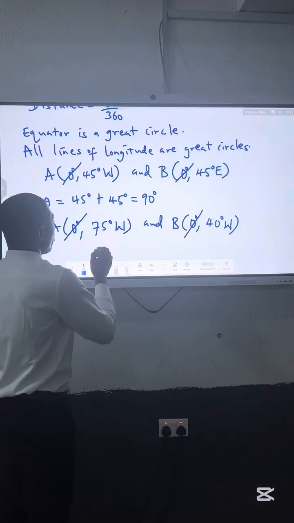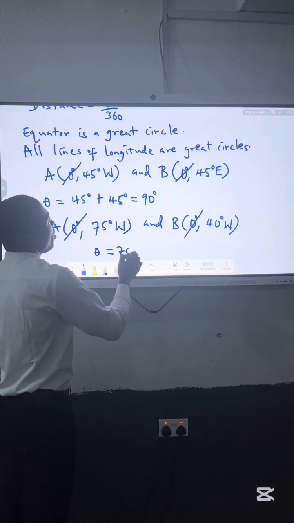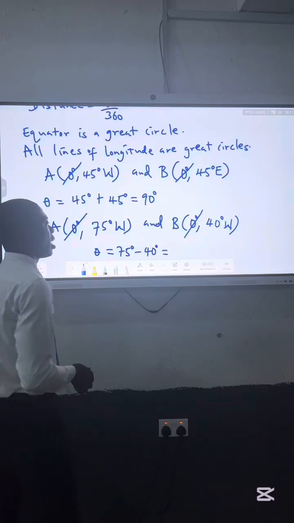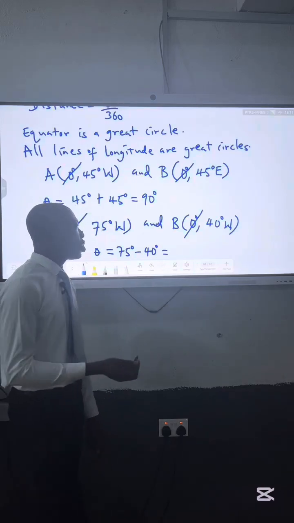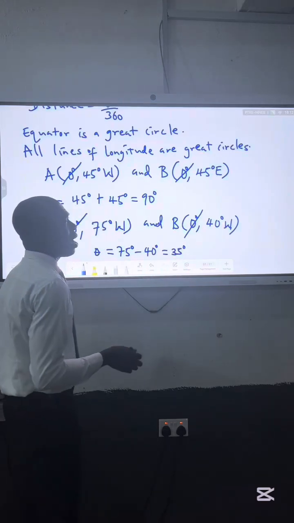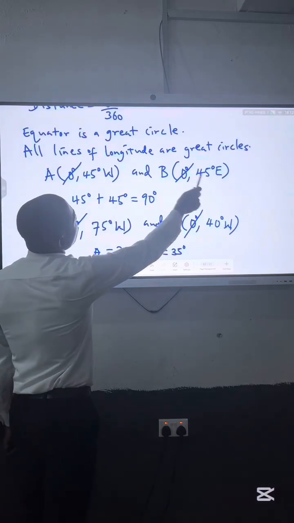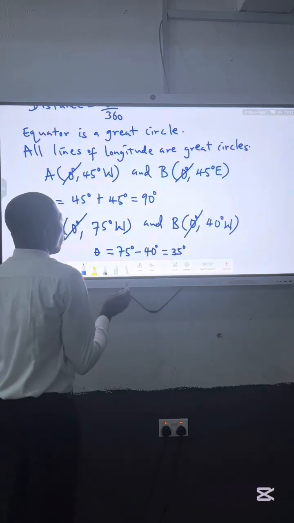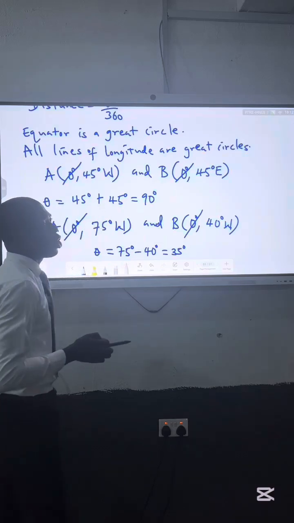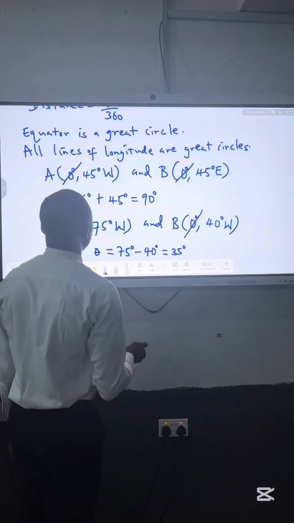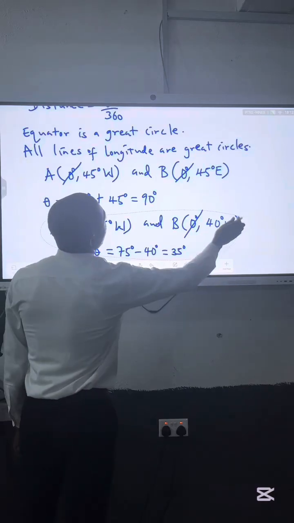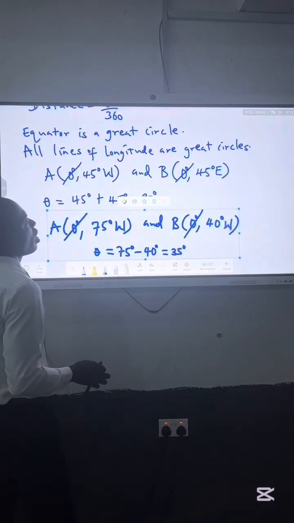So theta is the bigger value minus the smaller value, to avoid getting a negative answer, which would give us 35 degrees. But because in our question they are towards different locations, we add. That's the rule: if they are towards the same location, you subtract the smaller from the bigger, but if they are towards different locations, we add.